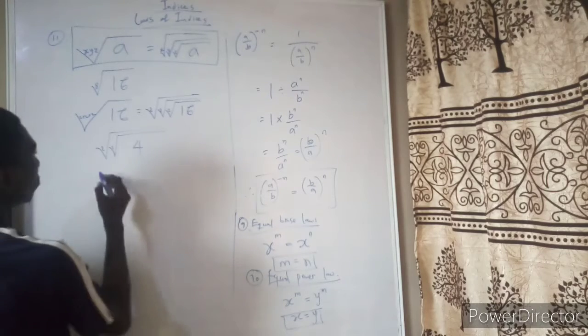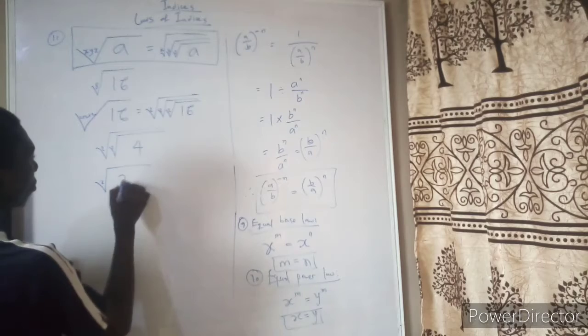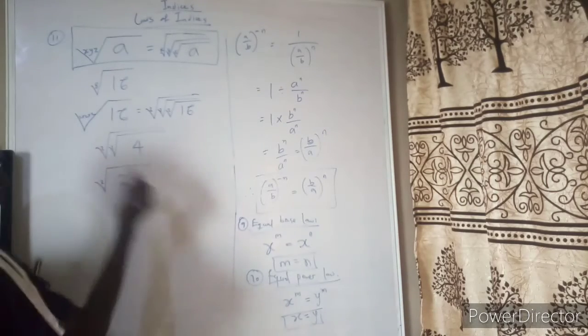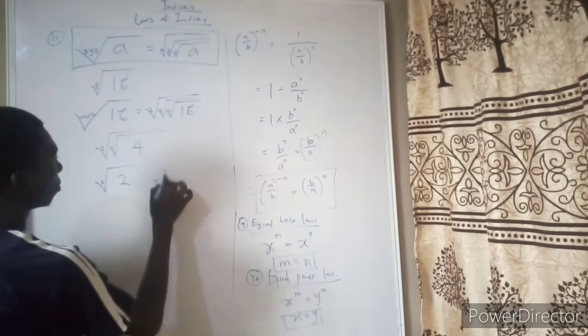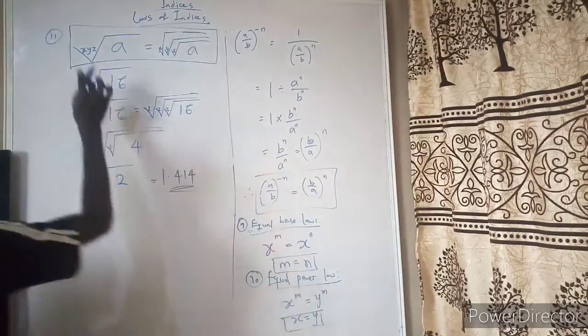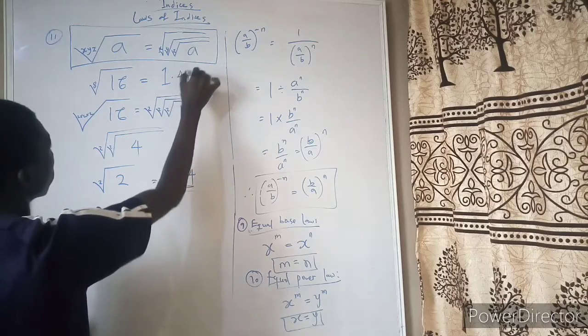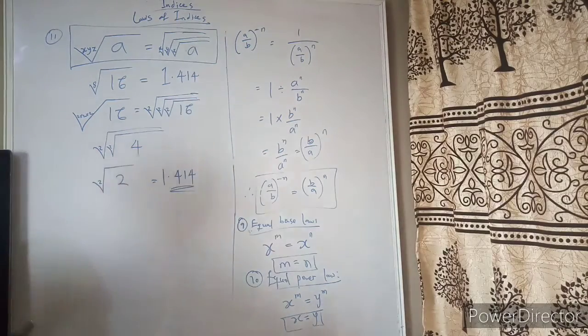Okay, so let's move on again. Square root of 4 here is 2. I'm left with 1. Now square root of 2 is equal to 1.414. I've just solved this without a calculator, and if you do this directly, you still get the same thing. So that's just the last law.